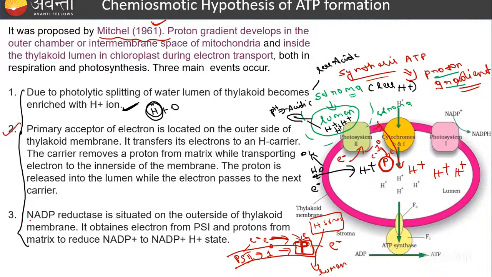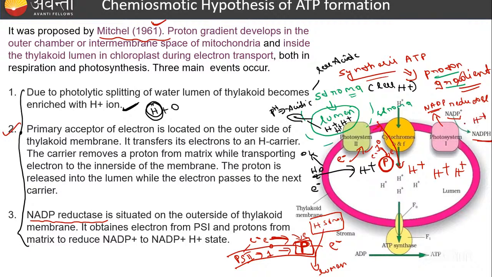Now coming to the third one, the NADP reductase. You can see that the NADPH is there. NADP reductase is the enzyme required for converting NADP to NADPH. He will take the protons where NADPH plus is forming.